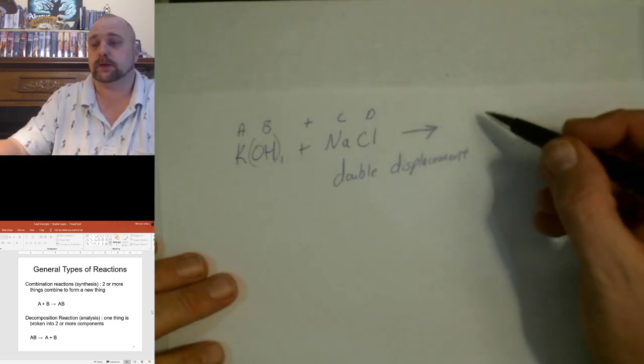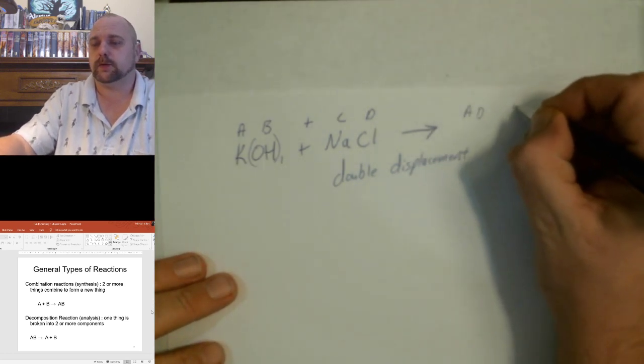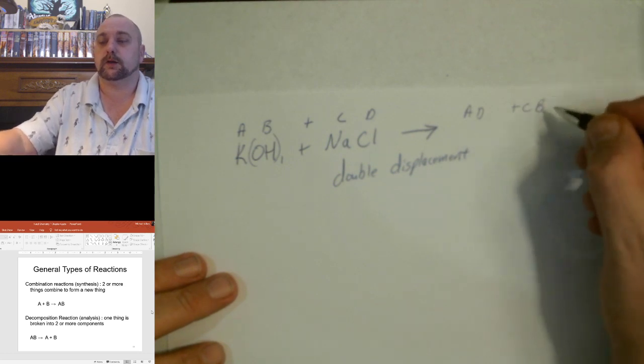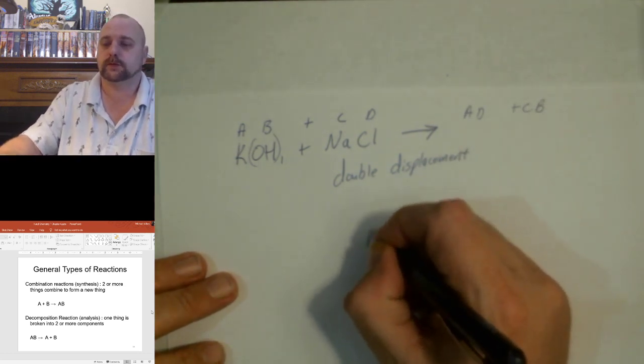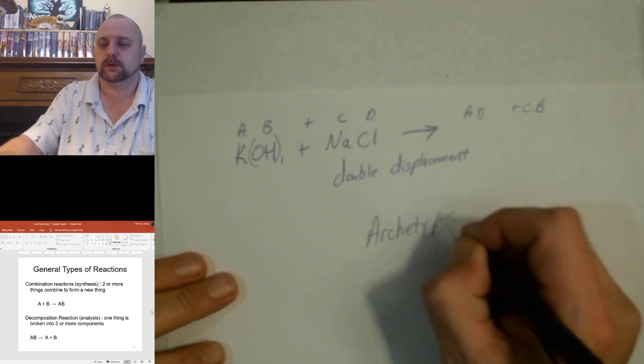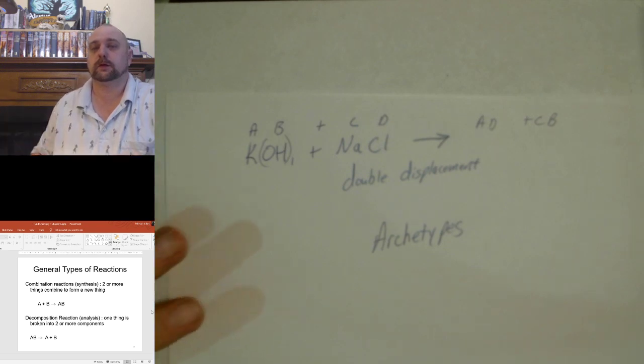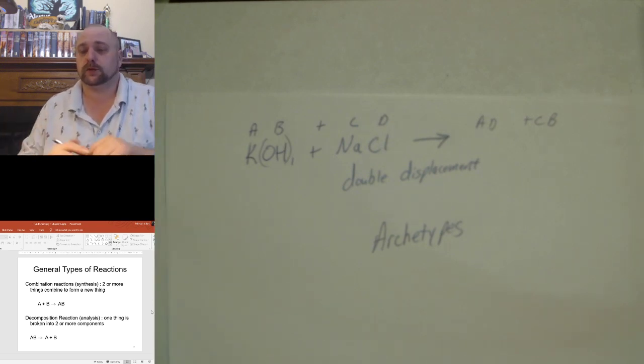When I'm trying to predict the products AD plus CB, I'll use these archetypes to predict what these products are.